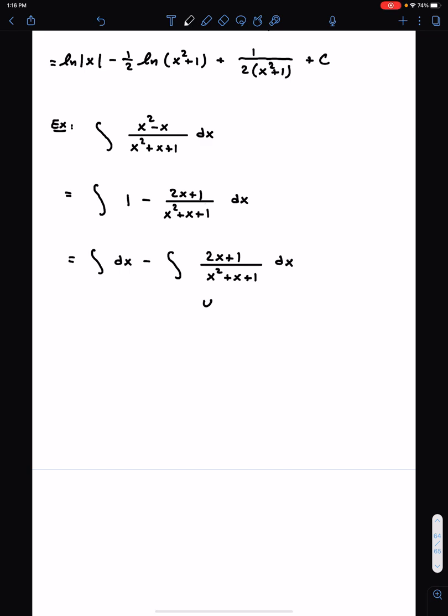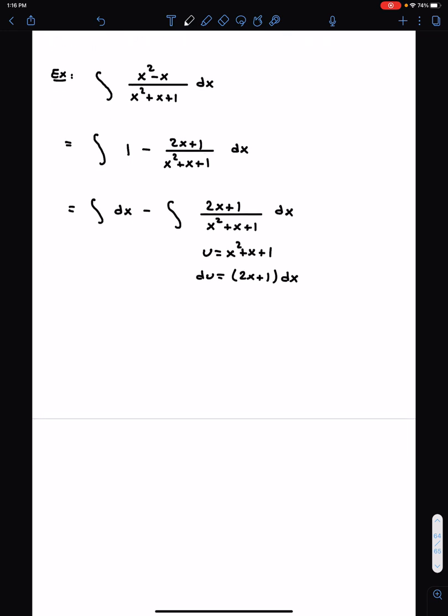This integral is a u substitution, where u is the denominator, x squared plus x plus 1. So du is 2x plus 1 dx.